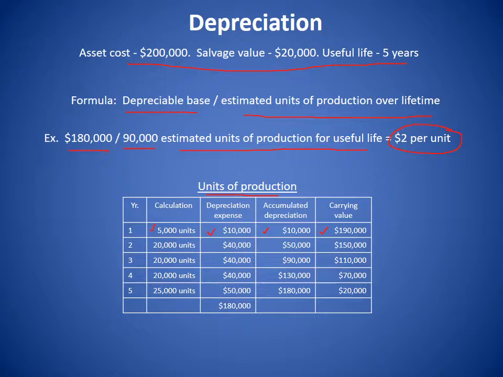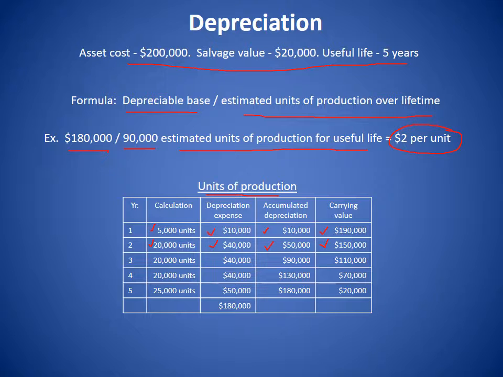Year number 2, we produce 20,000 units, and that means we're going to incur $40,000 worth of depreciation expense, which means now added on to our previous $10,000 of depreciation expense, we're going to end up with accumulated depreciation of $50,000. And the carrying value then is going to equal $150,000, which is our $200,000 asset cost minus our $50,000 worth of accumulated depreciation.